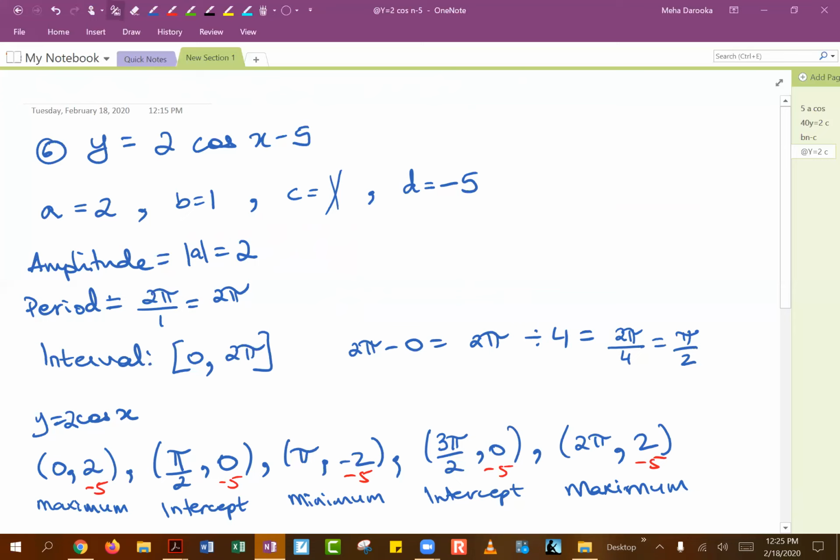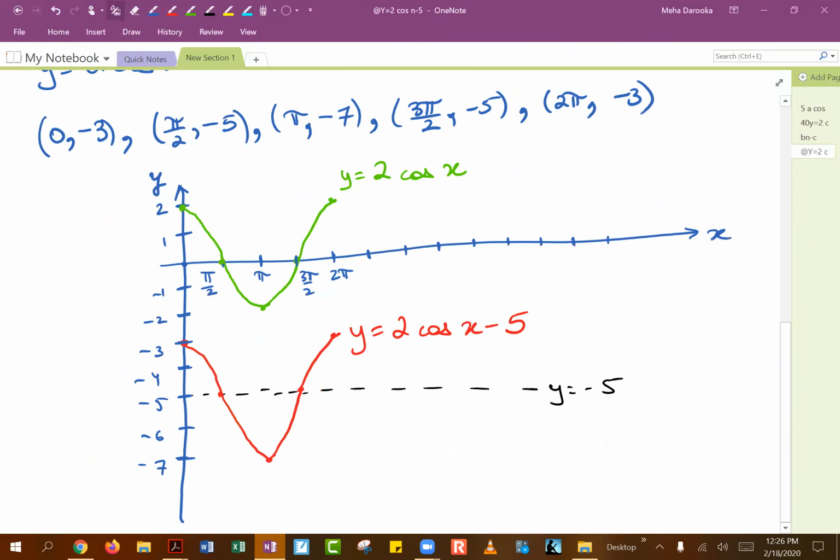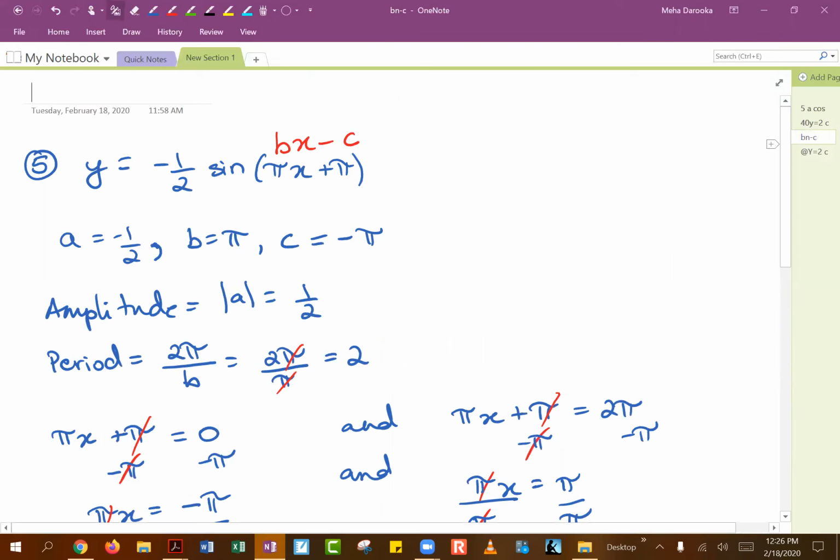But if you had a C value, then that would affect if your graph moved to the right or left also, which would definitely mean that if this was my function, it would be going down, but then it would probably also be moving left or right, depending on what that C value was, because that's what happened in this previous example.